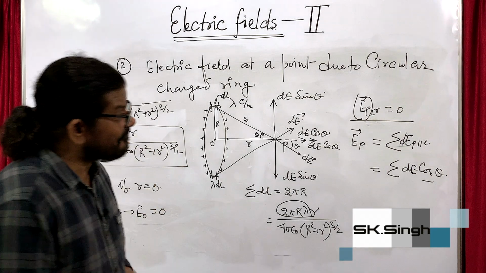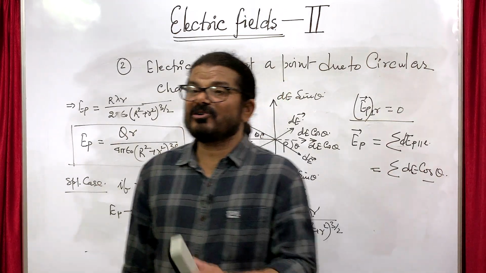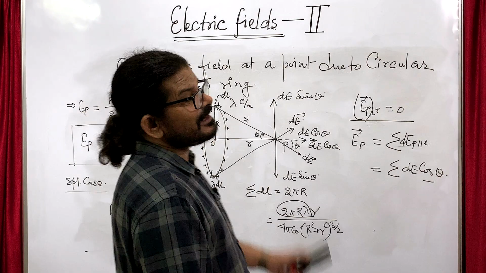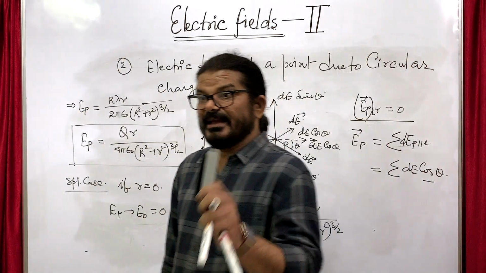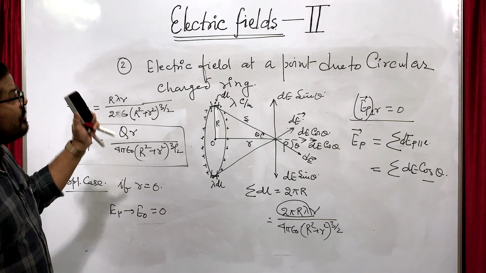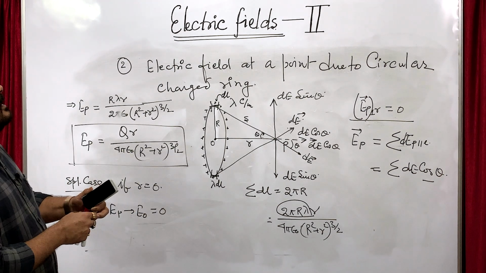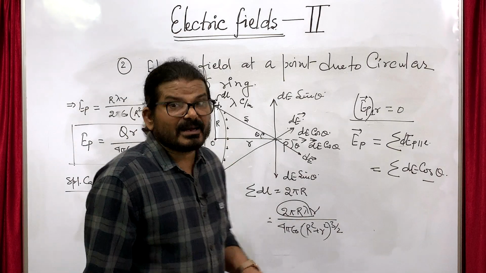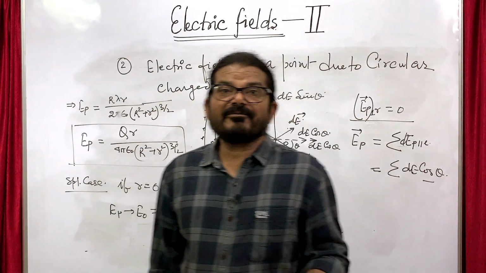So if the charge distribution on the ring is uniform, though it is linear, the electric field at the center is 0, as you have seen. So in this way, I am concluding this, but it is not the conclusion of the calculation of electric field.